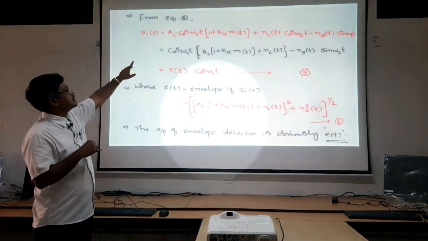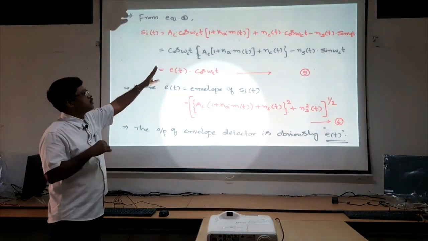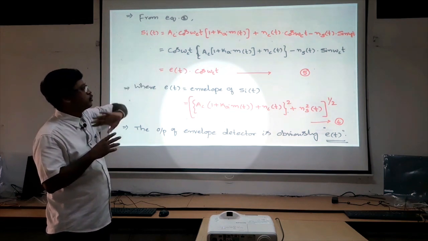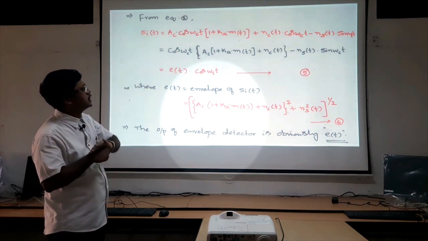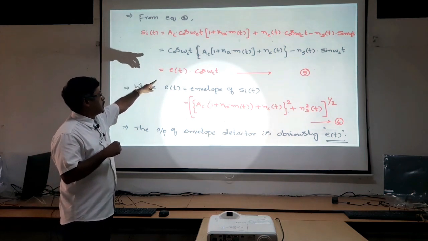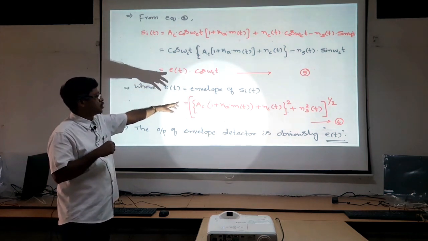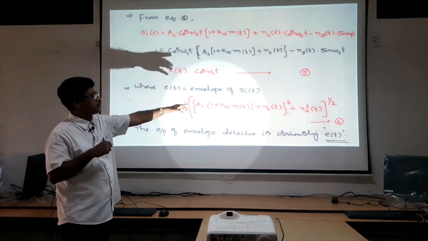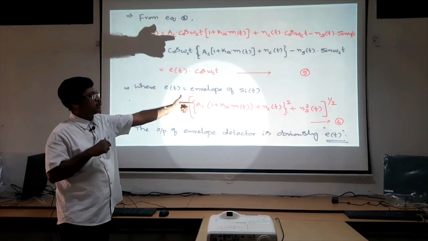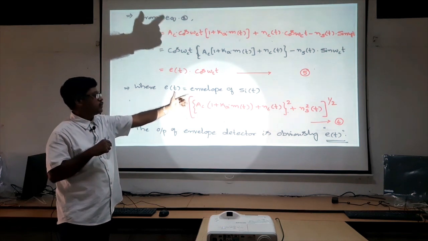That is Ac cos omega ct into 1 plus Km of t, plus the noise, which has both in-phase component and quadrature component, that is Nc of t and Ns of t. From that equation, the envelope is Ac into 1 plus Km of t plus Nc of t, whole square, plus the quadrature component Ns square t, all to the power 1 by 2.